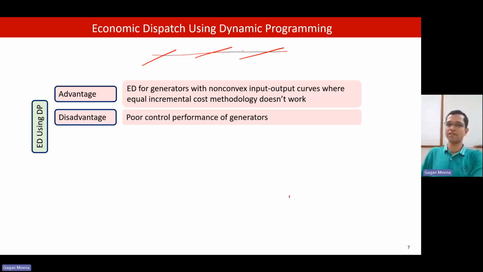This kind of equal incremental cost is possible when the incremental cost characteristic is linear, right? It is convex. But if it is non-convex, then for a single incremental cost there can be two values. Here we can see a jump.